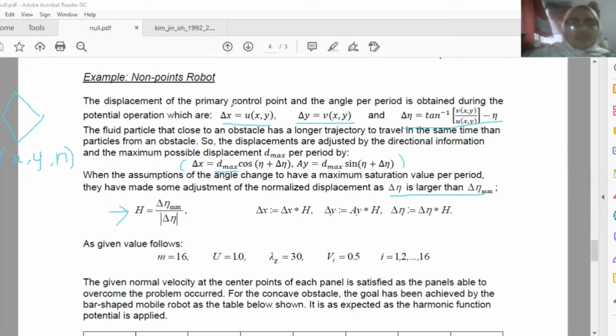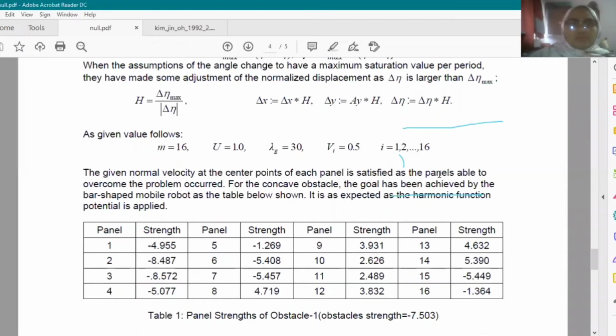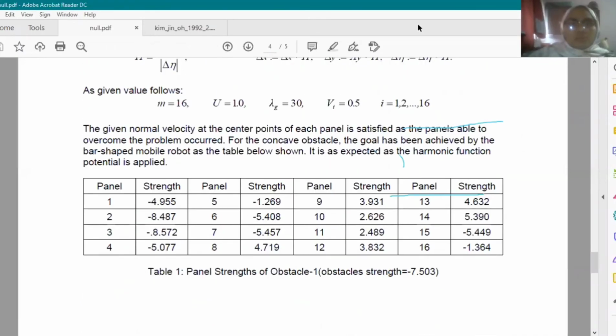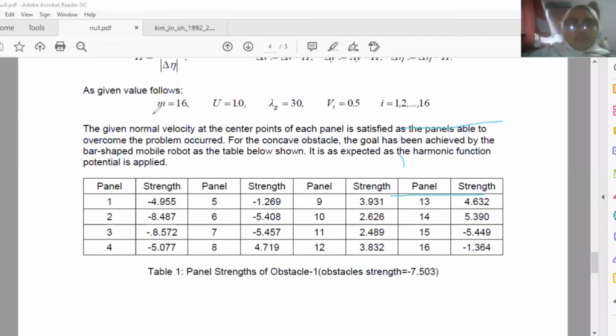And for example, here we have the given values as follows: m is marked as panel, which we can see in the table, panel 1 until 16.